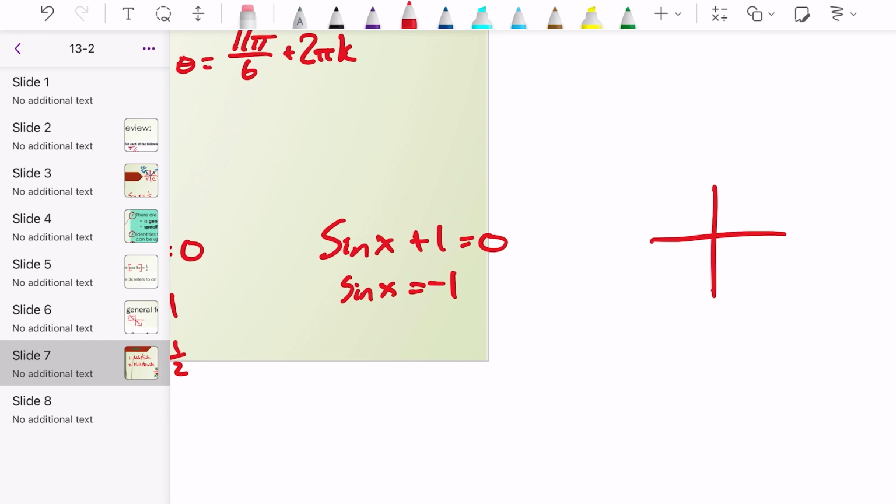For sine equaling -1, remember, this is 0, 1, this is 0, -1. In this case, this would be 3 pi over 2. So x is equal to 3 pi over 2 plus 2 pi k.